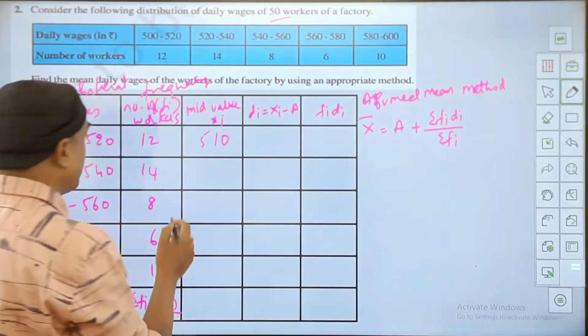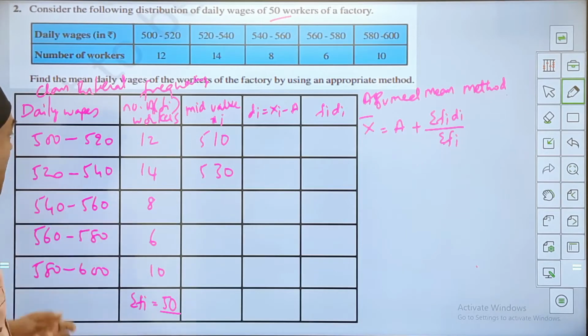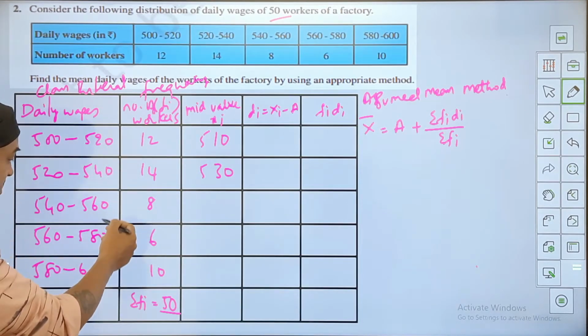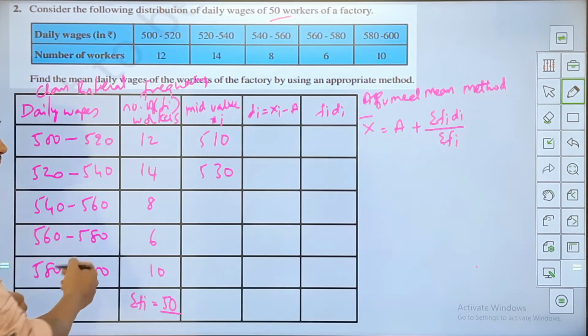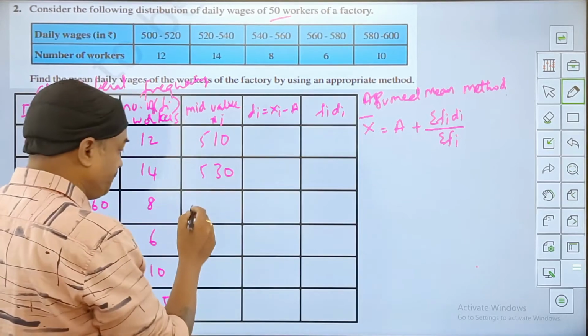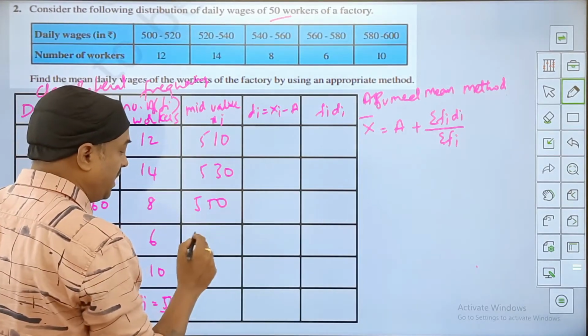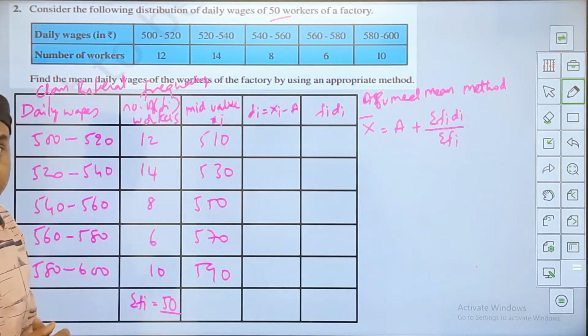So here the next value has to be 530, which falls exactly in between these two. And since the class size is 20, every time it is increasing by 20, upper limit and lower limit both are increasing by 20, the mid value also increases by 20. So 550, 570, 590 I have here.